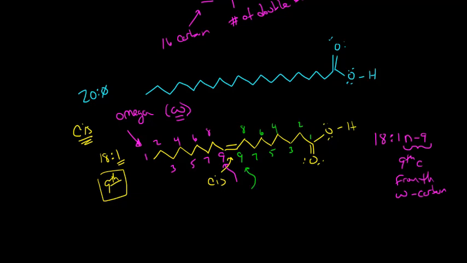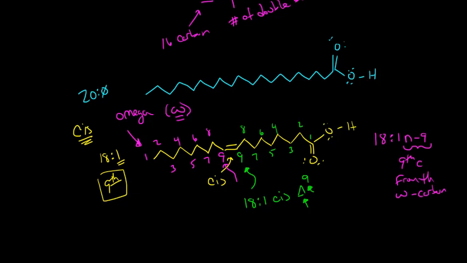But here we start on the 9th carbon. The fatty acid starts there. So to name this according to the chemical nomenclature, we would put 18:1, so 18 carbons, 1 double bond. We would then put cis, because this double bond is cis, and we would say delta 9, meaning the double bond is at the 9th position.